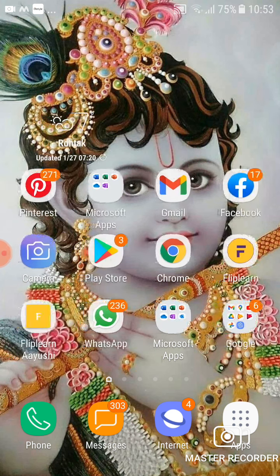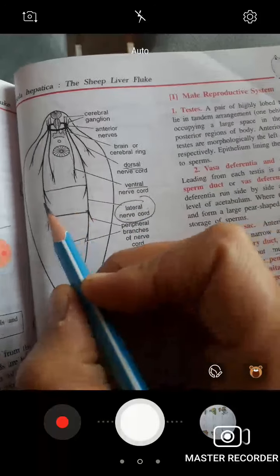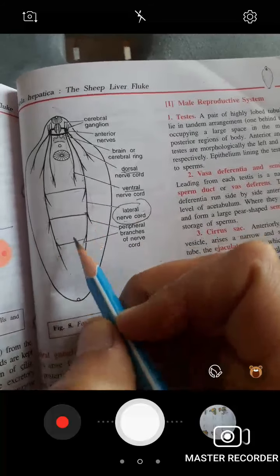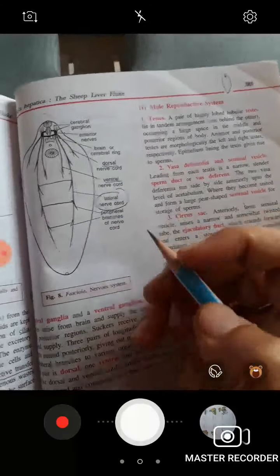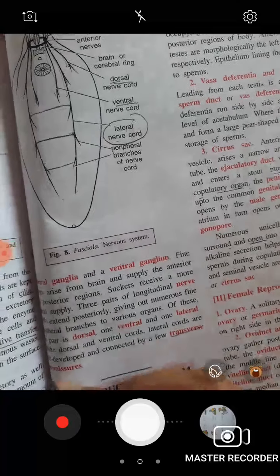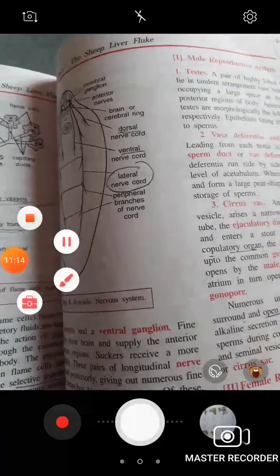These are called transverse commissures. So it is clear that these lateral nerves are well developed and connected to each other at several points through transverse commissures. Look here, these are called the transverse commissures. So this was all about the nervous system of Fasciola.